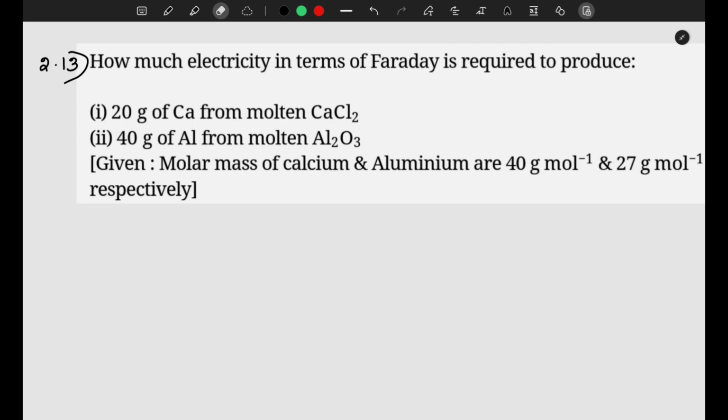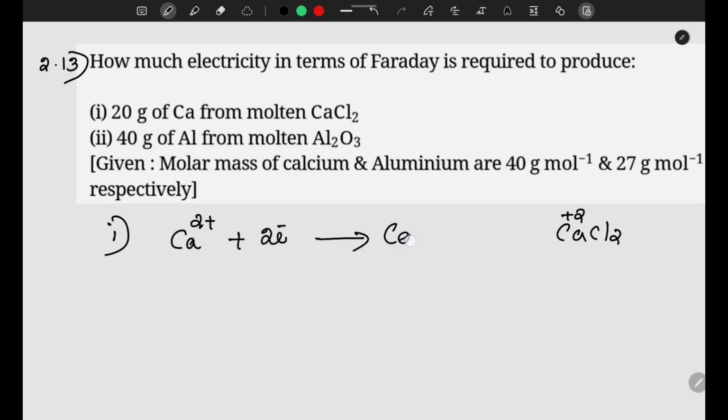How much electricity in terms of Faraday is required to produce 20 gram of calcium from molten calcium chloride? In calcium chloride, calcium is in +2 oxidation state. So let us write the reduction equation. Ca2+ plus 2 electrons gives Ca.